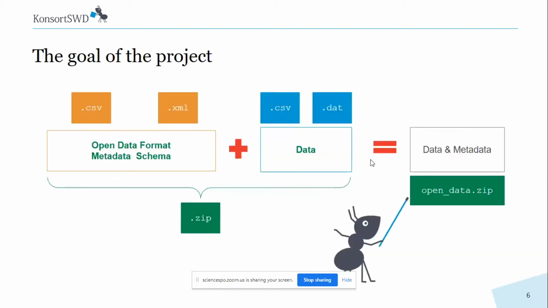So to address these problems, we aim to specify a non-proprietary open data format. And what do we mean by open data format? It is, on the one hand, enriched with metadata that describe the dataset at different levels of information. And the open data format is a combination of metadata and data.